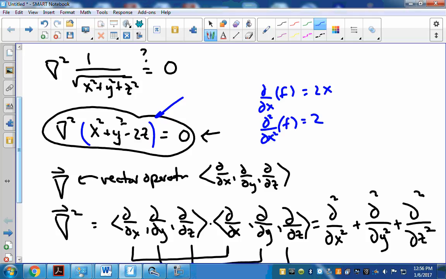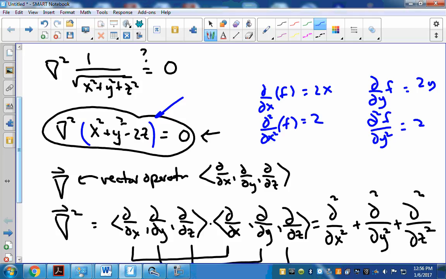So you can sort of do that in your head. And then with respect to y, let's do the same thing. First partial with respect to y of the function is 2y, and the second partial with respect to y would be 2. So far, those are the first 2.